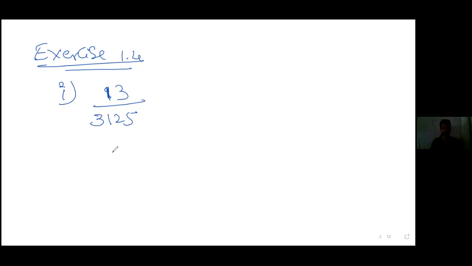Just do the factorization of 3125 and tell me. You just have to look at this denominator only. Check whether it is of the form 2 to the power n into 5 to the power m. If not, it is non-terminating. If it is of that form, then it will surely terminate. Just tell me whether it is terminating or non-terminating. Okay, I need everyone's answer.